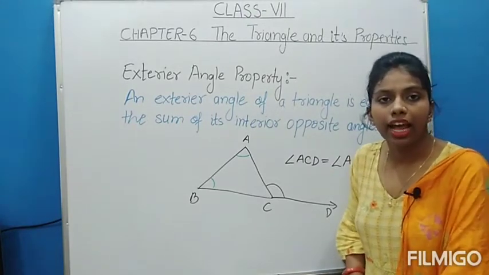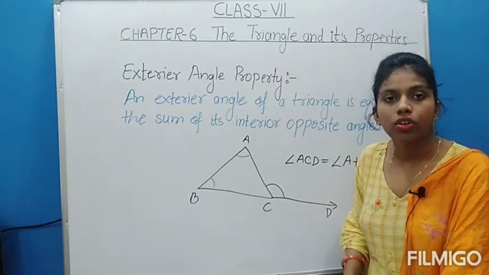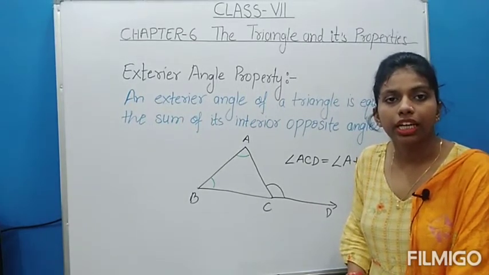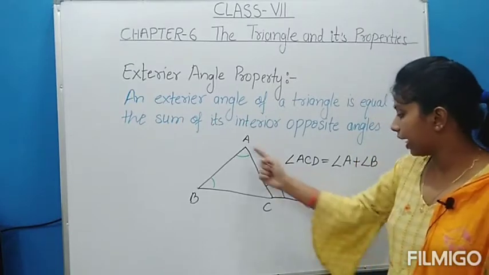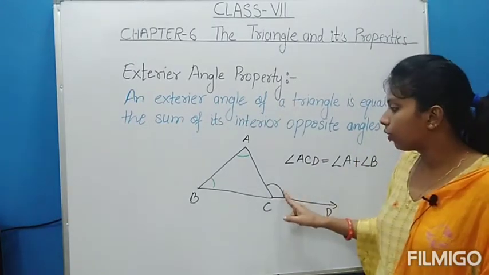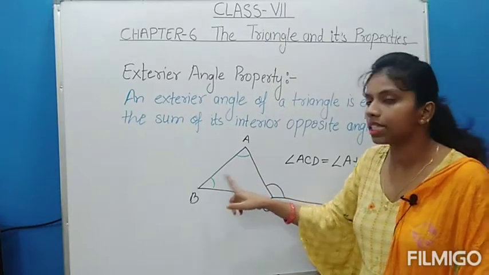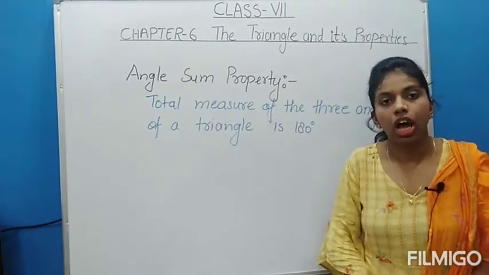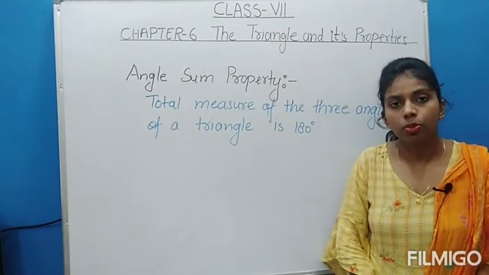An exterior angle of a triangle is always equal to the sum of opposite interior angles, means angle ACD is equal to angle A plus angle B. Clear? Okay. Now let's come to the next property.